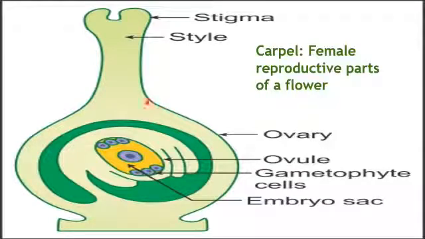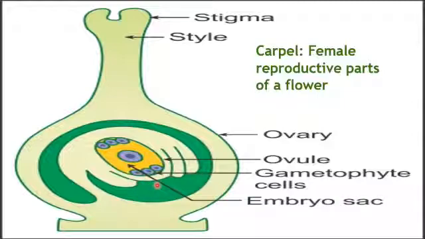The swollen part at the bottom of the carpel is called ovary. The ovary makes ovules and stores them. And what do the ovules contain? They contain the female gametes, or you can say the female sex cells of the plant.